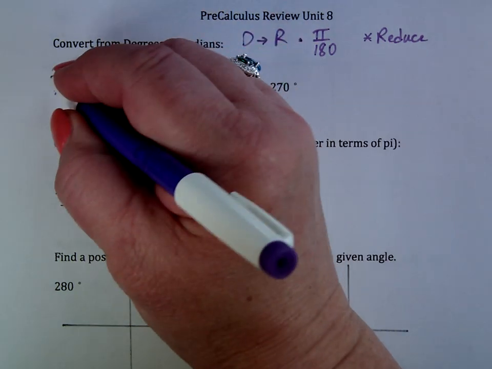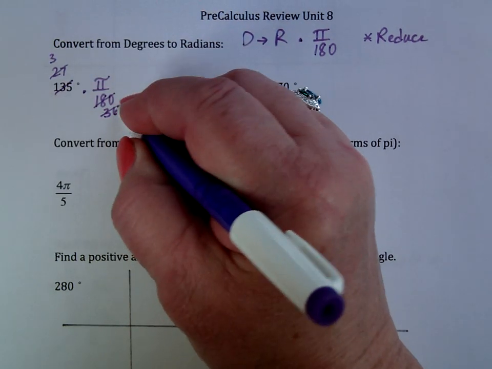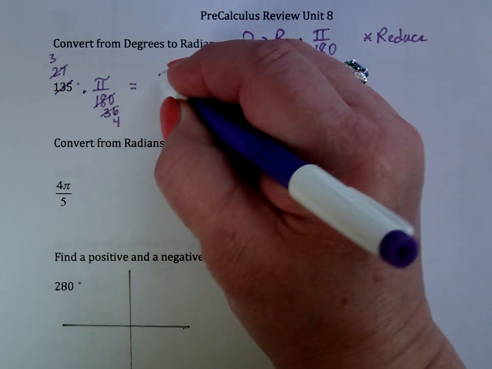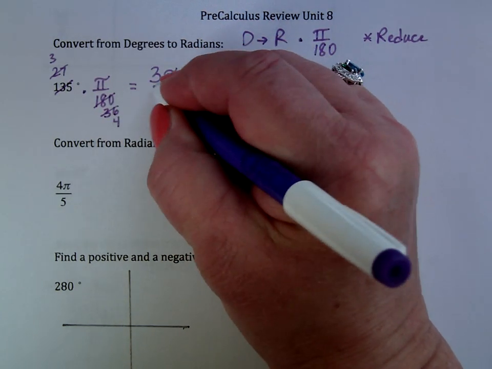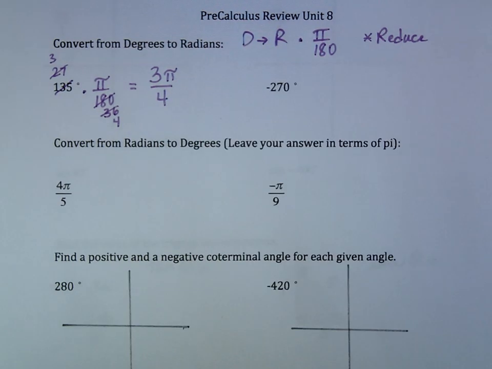So I divide by 9, which gives me 3 and 4, and nothing reduces with 3 and 4. So I end up with an answer of 3 pi over 4.